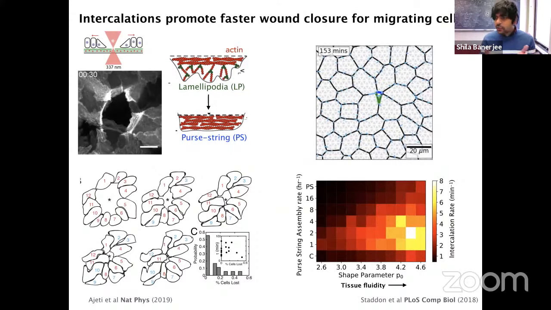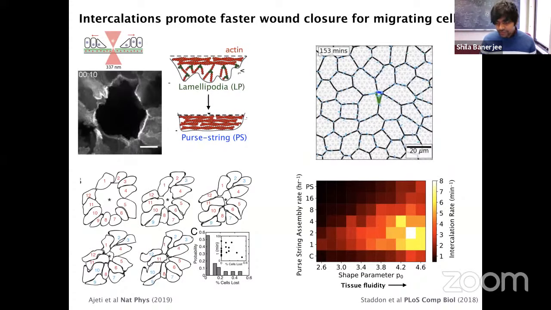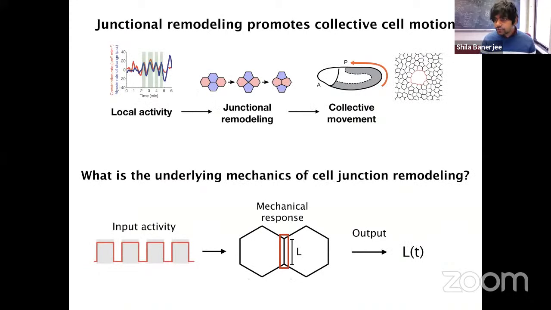So what I told you so far are some examples of how intercalations and cell level rearrangements help in collective motion and collective movement, right? That's all very good, and we could capture most of these results in simple models of tissues.